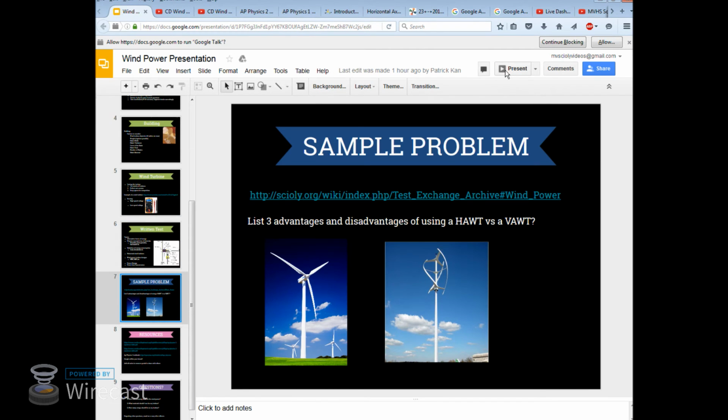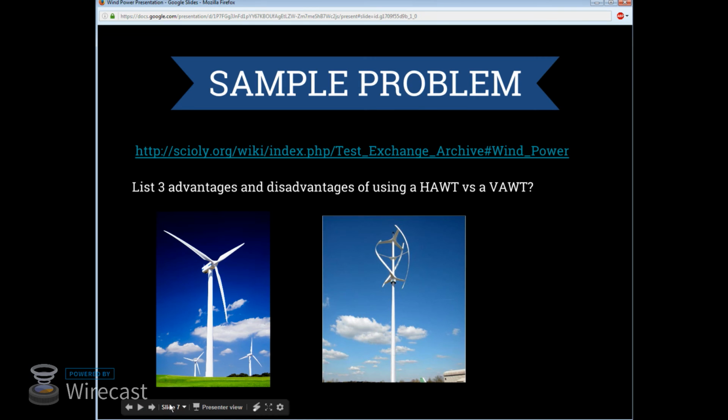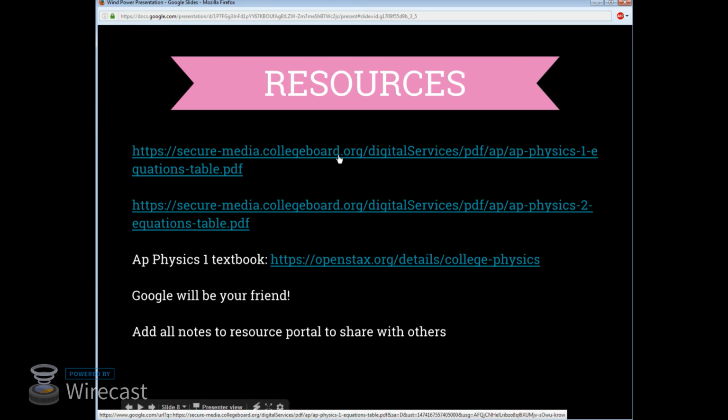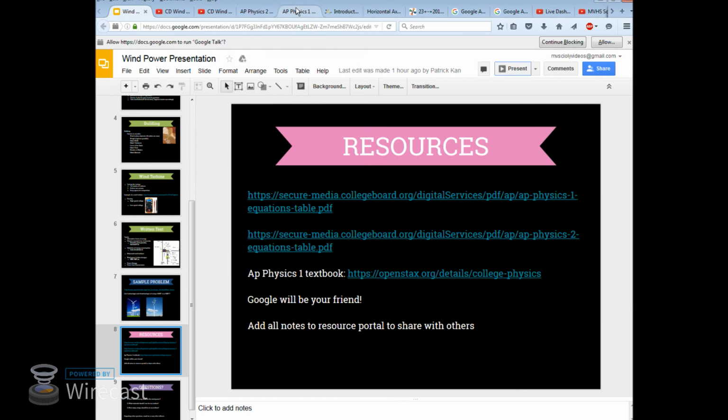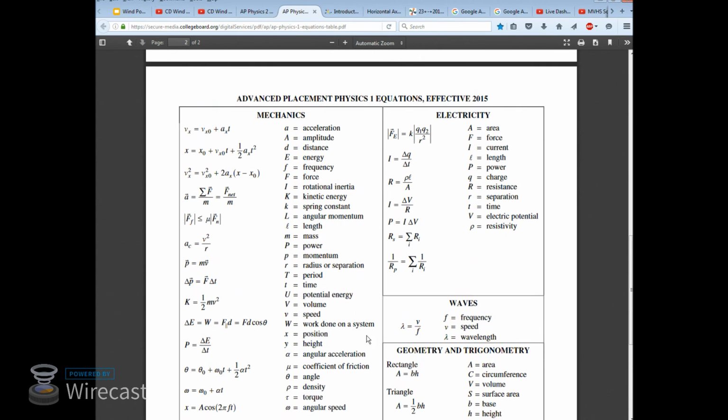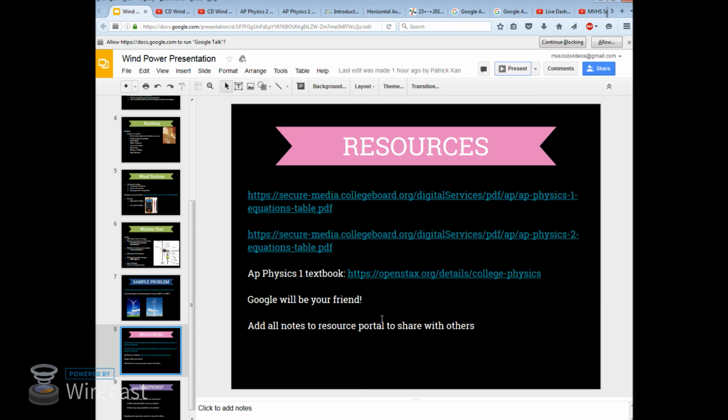And moving on from the sample problem. There are a lot of resources available, like I mentioned before. There's the AP Physics 1 and AP Physics 2 formula sheets, which will give you a lot of formulas for the physics related side.